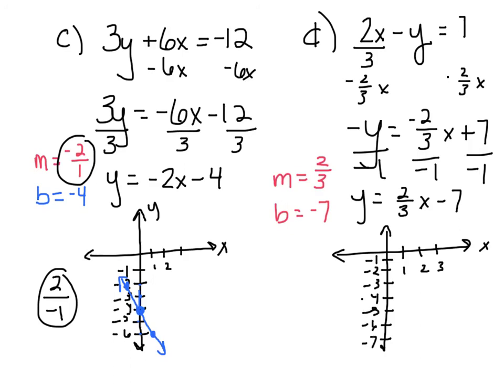Negative 7 is where it crosses the y-axis. Positive 2/3 will be up 2, 1, 2 over 3. And if you did it again, up 2 over 3, your line would be going uphill at a slope of 2/3 and cross at negative 7 on the y-axis.